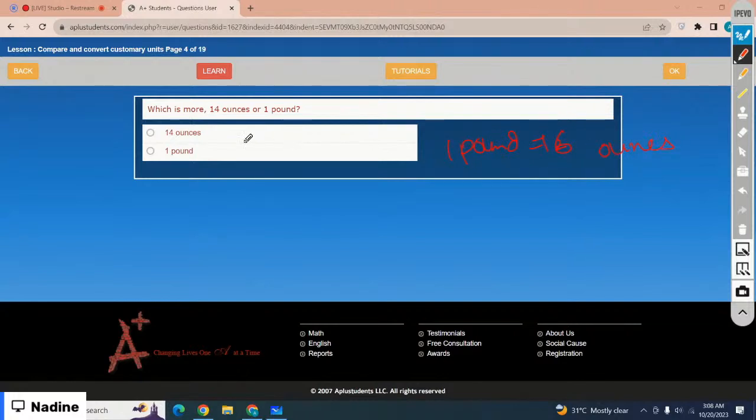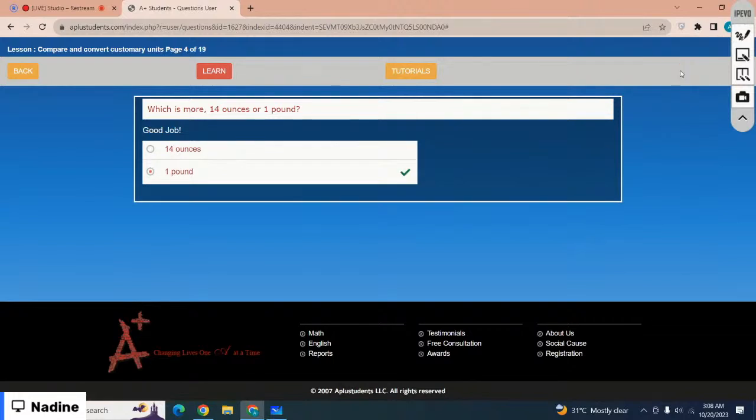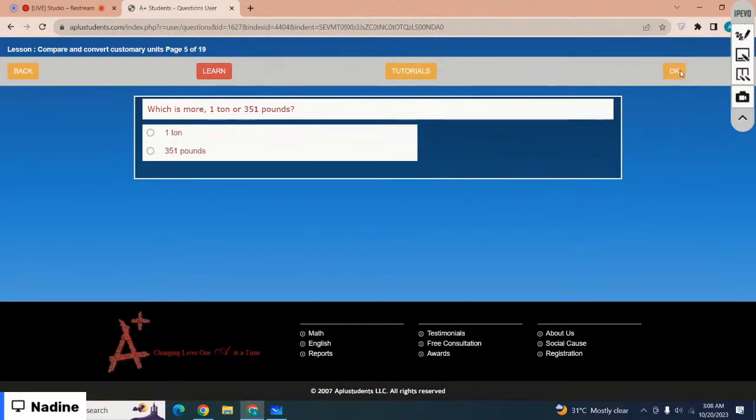Let me just confirm. So that means which is more? Obviously, 1 pound is more, right? The correct option is 1 pound. Yes, 1 pound equals 16 ounces.